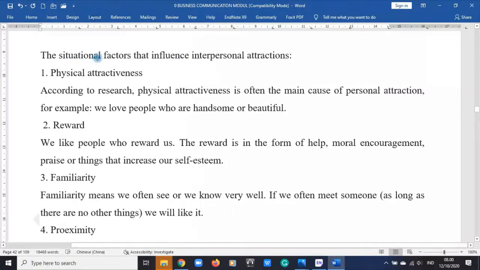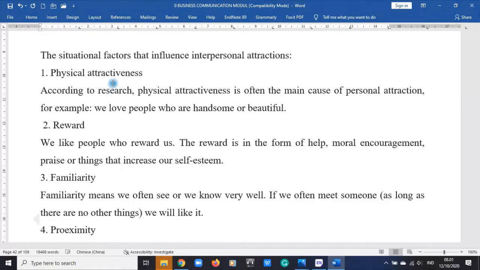But we also have situational factors that can influence interpersonal attraction, such as physical attractiveness. Of course, you're attracted to somebody who's handsome or beautiful, right?